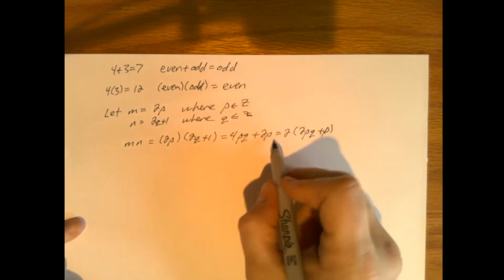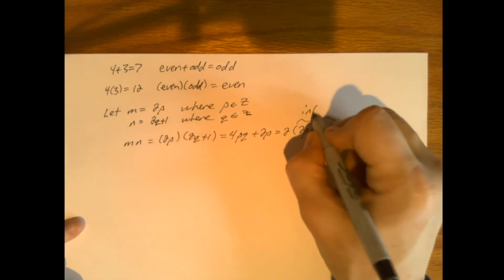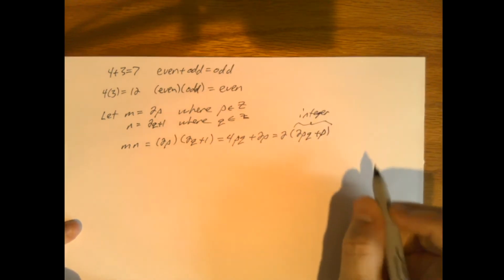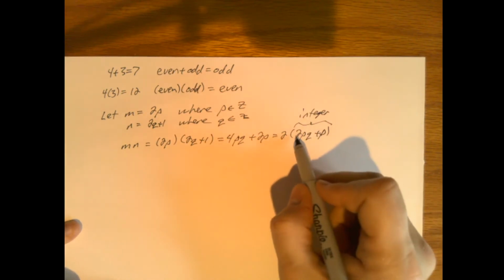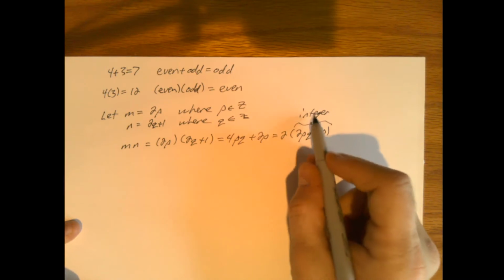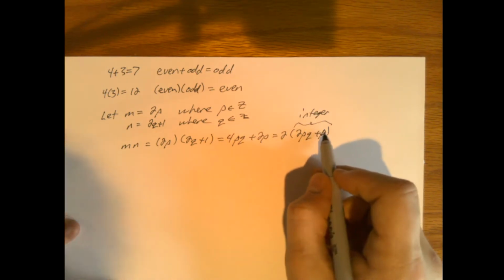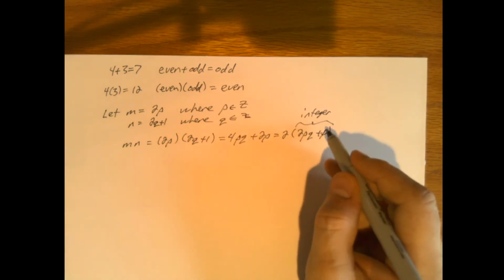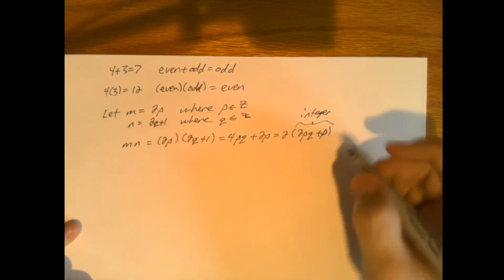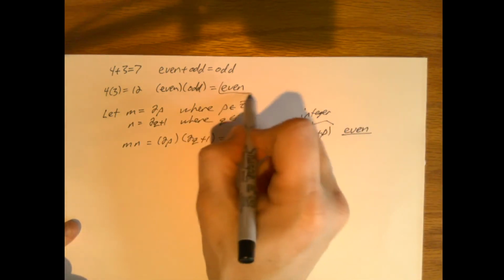That's why I check. So 2p. This is an integer. Remember we talked about the axioms of integers, and so the product of 2 integers produces another integer, so that means 2 times p would be an integer, and that integer times q would be another integer. And when we add it to another integer, which is what p is, that would also be an integer. So this is the form of an even number, which is what we wanted. All right?